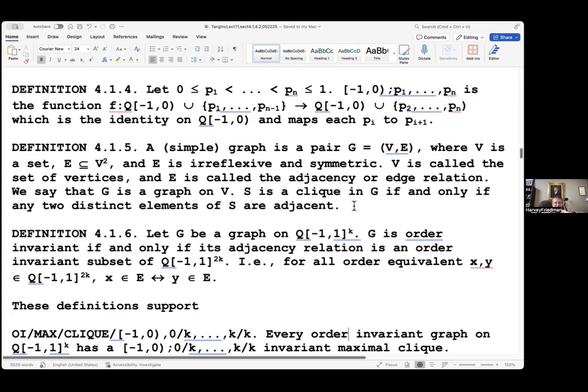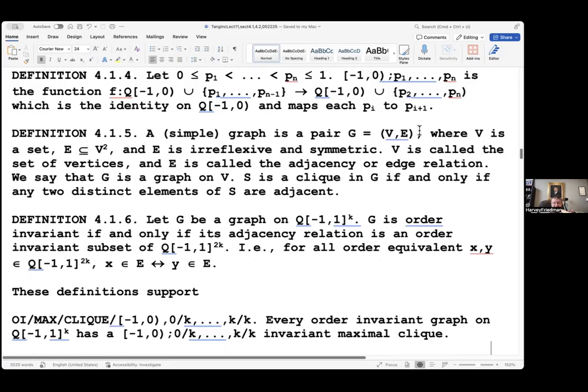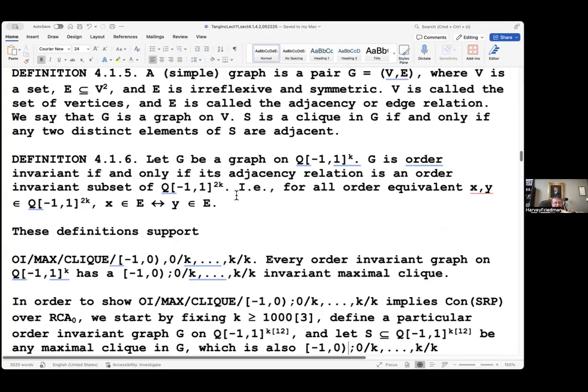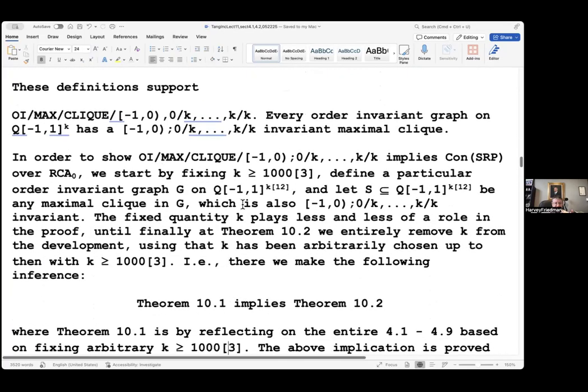And the word adjacent just means that it's the edge relation. Okay. And then order invariance. A graph is order invariant if the adjacency relation is an order invariant subset of twice the dimension of the vertex set. Okay. And then these definitions support the statement we're reversing.